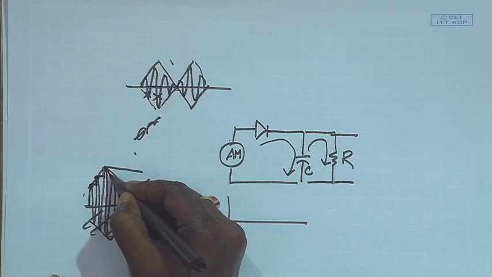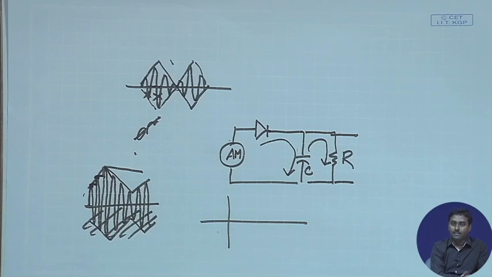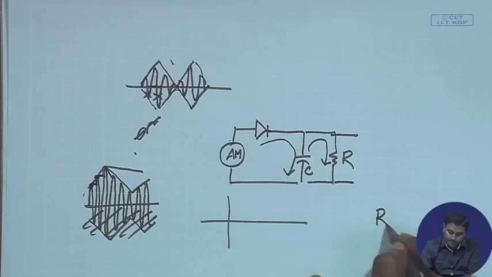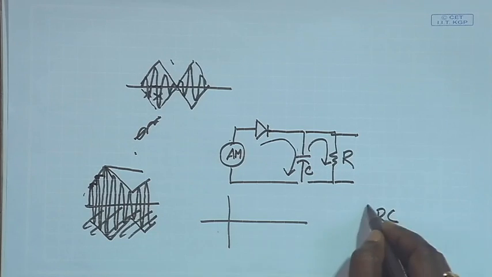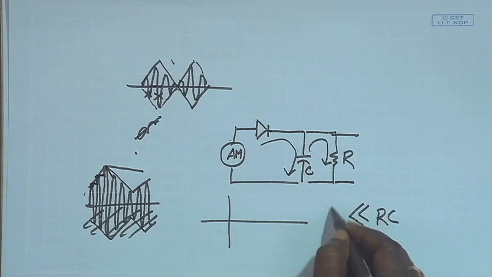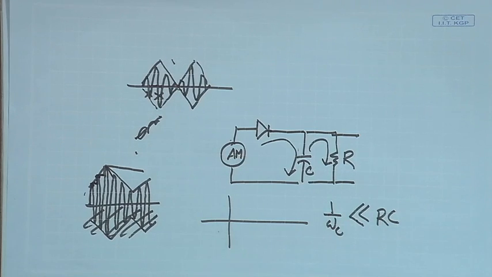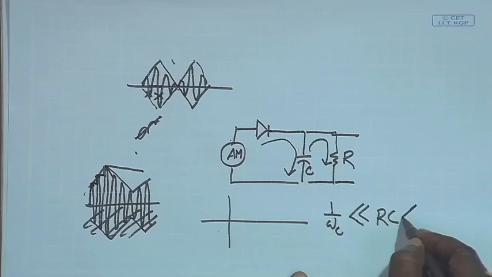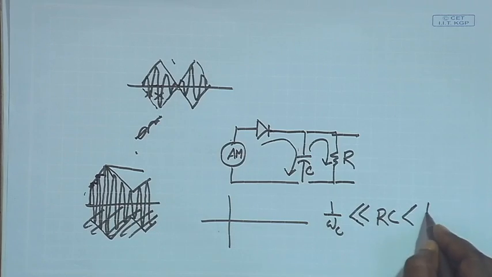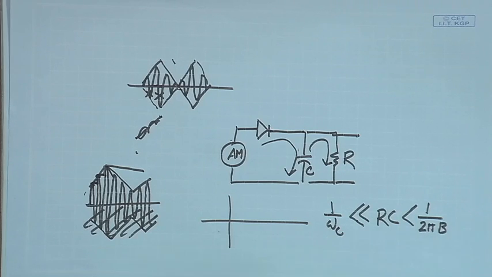The discharging time constant should be such that I will always be tracking the envelope. To do that, I have to design my RC. So basically, this RC must be much greater than 1 by ωc, so that it does not follow the carrier, but it must be less than 1 by 2πB, where B is the highest frequency that I can have in my message signal.